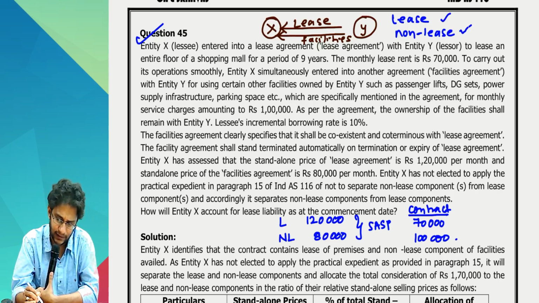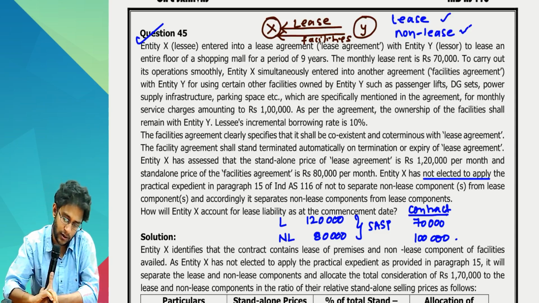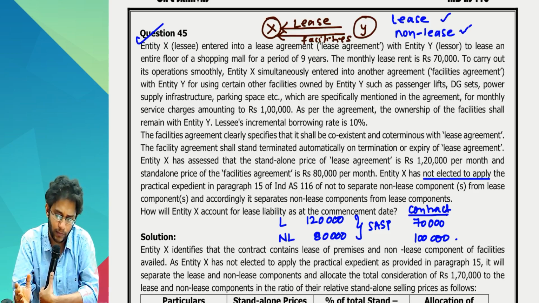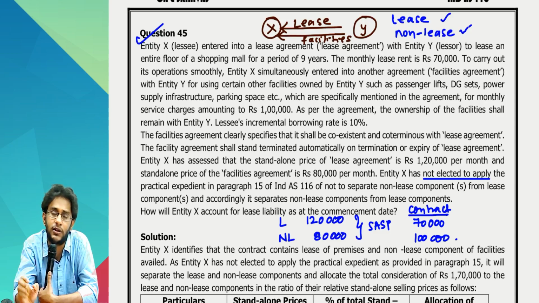Entity X has not elected to apply the practical expedient of paragraph 15 of Ind AS 116 of not separating the non-lease component from the lease component, and accordingly it separates non-lease components from lease components. What he is indirectly saying is, see, Ind AS 116 for the lessee has given one option. What is that option?